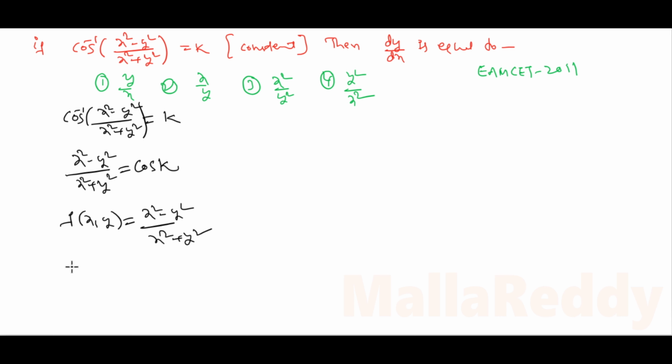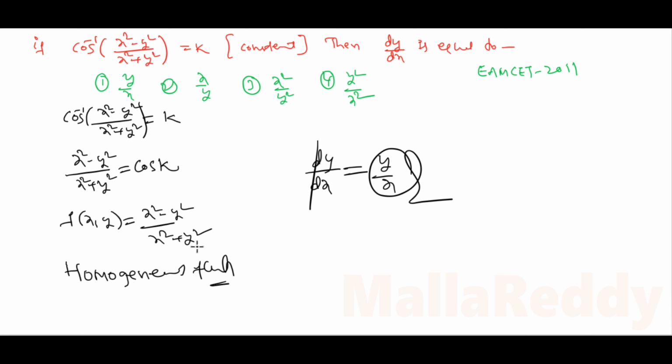This function is a homogeneous function, a homogeneous function of order 0. So the derivative of any homogeneous function of this kind is always dy by dx equal to y by x, that is the answer.